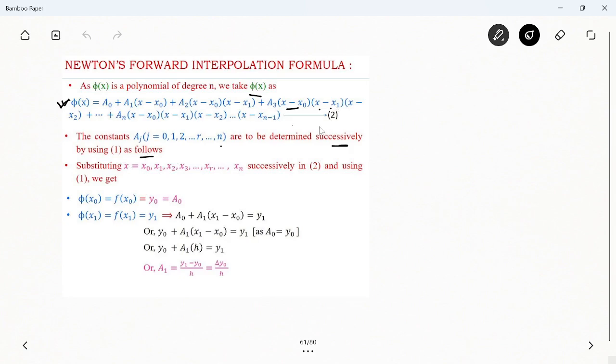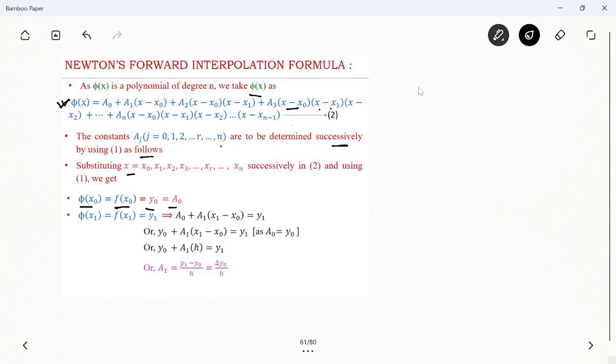For this reason, this is our polynomial. I am calling the assumed polynomial equation number 2 and the previous condition equation number 1. What we are doing is substituting x by x0, x1, x2 up to xn successively, and using 1 we get phi of x0 equals f of x0, that means y0, that equals a0.